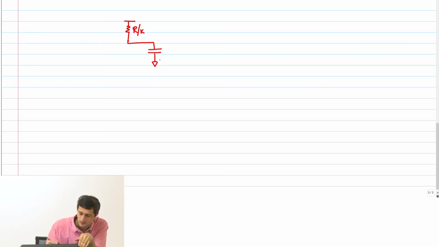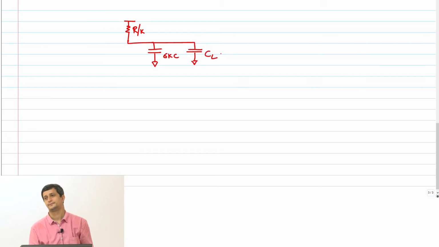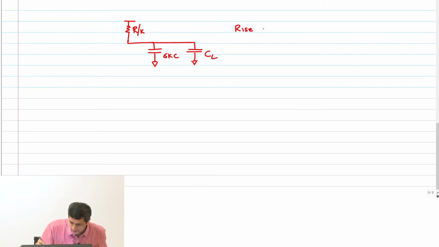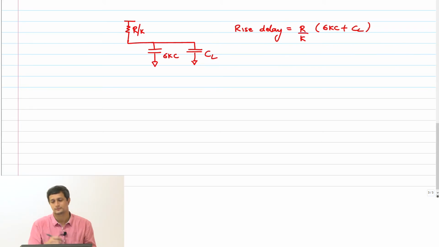What is this parasitic capacitance? 6kC, but the load capacitance now remains the same, right? And therefore, rise delay on upsizing will become R by k into 6kC plus CL.